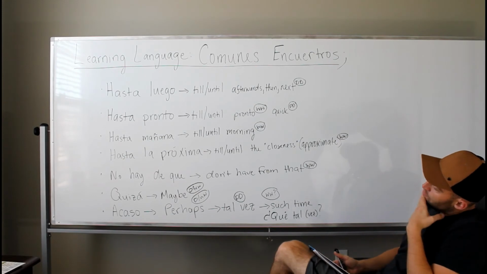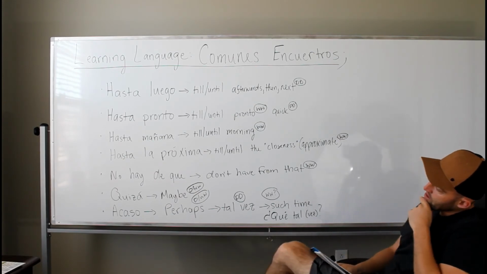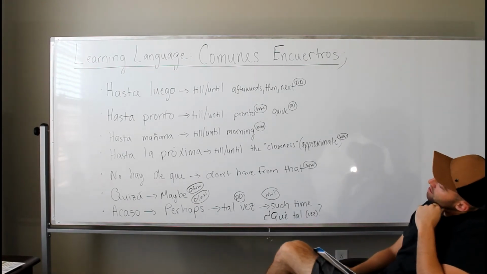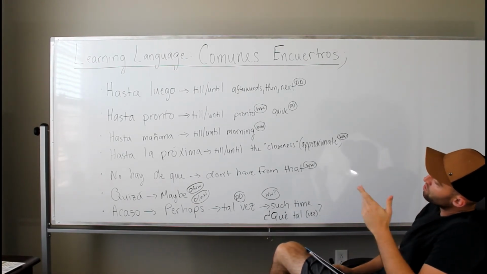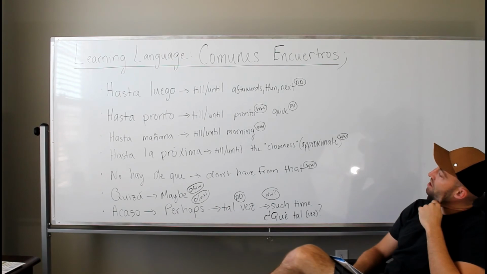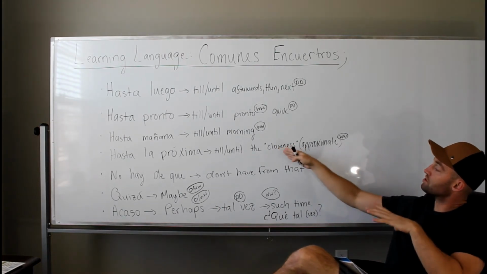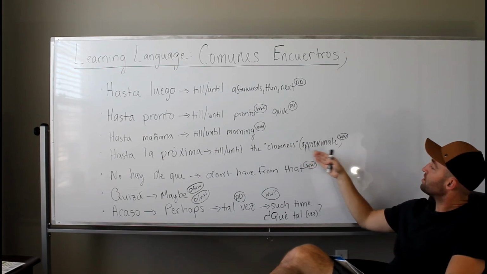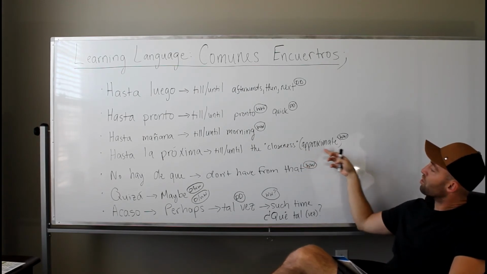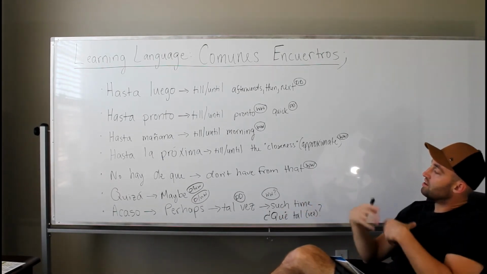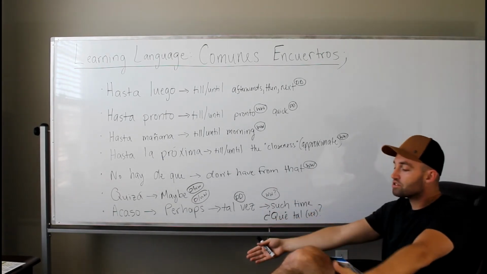Hasta la próxima, I think it's próxima in Mexico. But a little more interesting semantically, till, until. I have the closeness in quotations because that's my translation, and then in parentheses, approximate. Clearly, la próxima is about proximate, closeness.